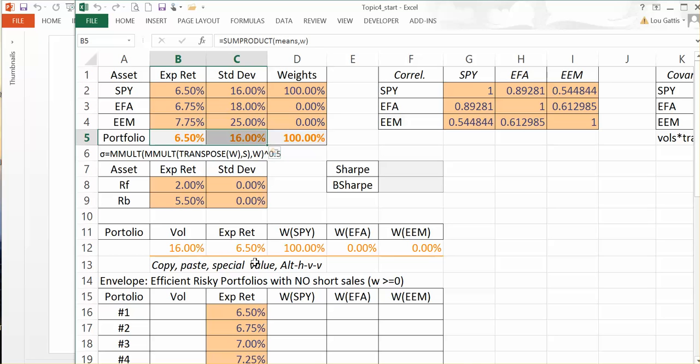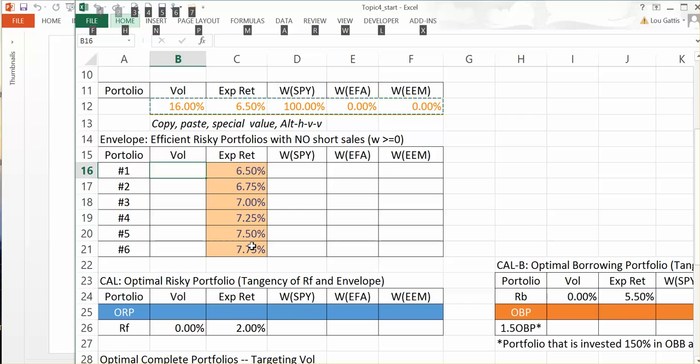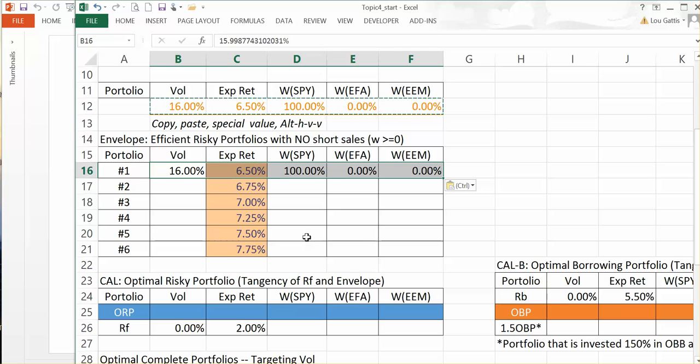I'll go ahead and copy these cells and just put them down here as I start collecting efficient portfolios. I'm going to paste special values, using Excel's shortcut for that, Alt HVV, and that just takes this row here and copies it down here as values.